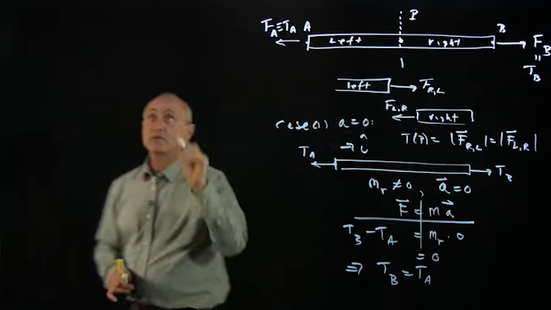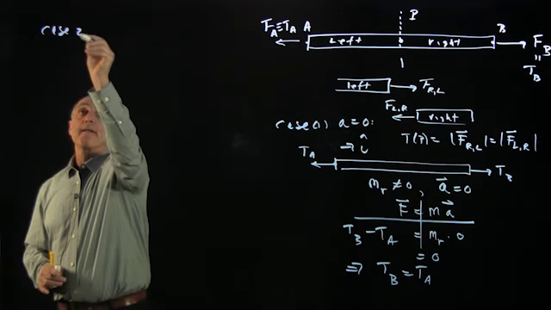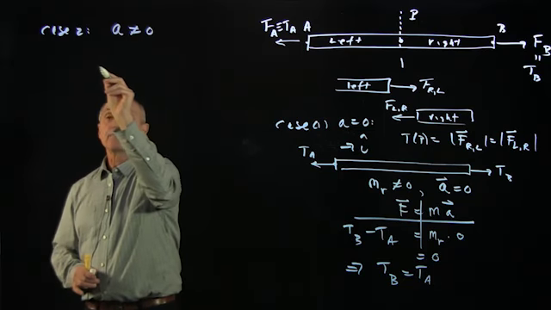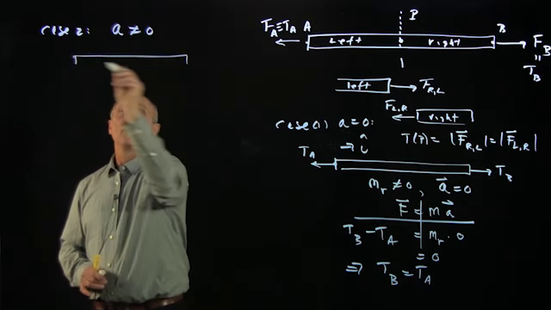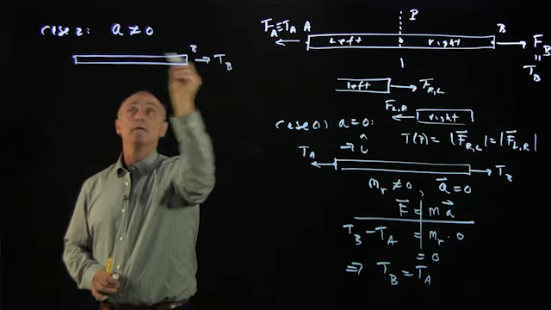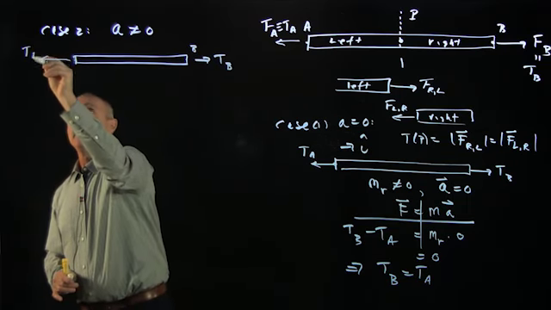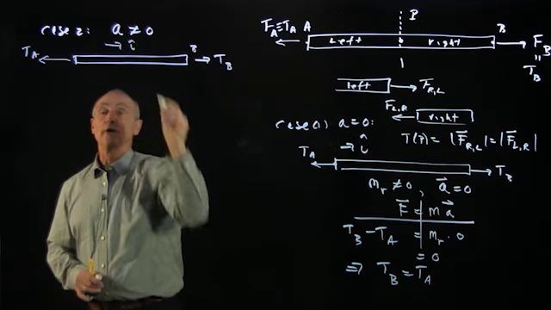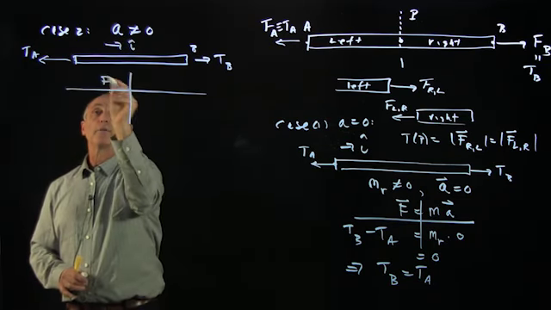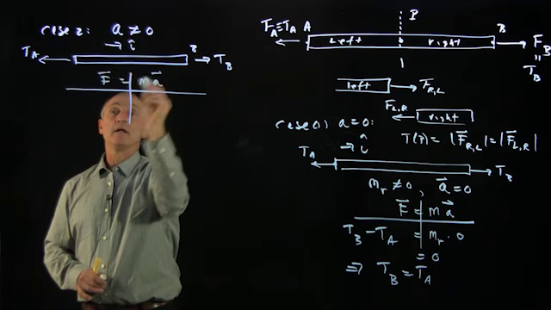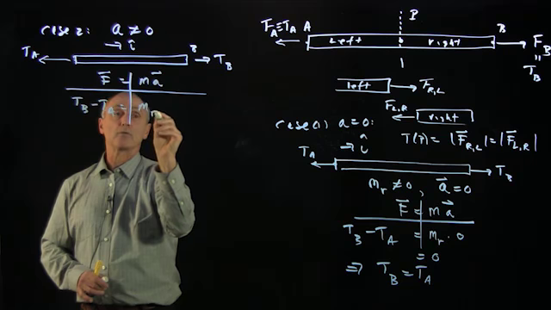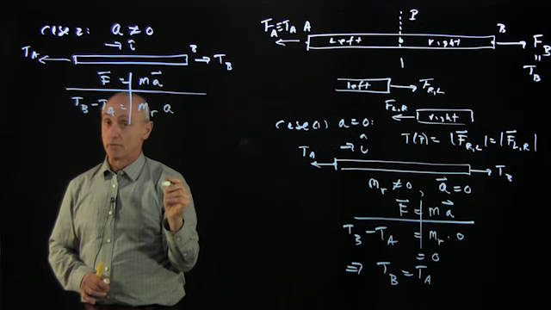Now let's suppose, case 2, that a is not 0. And so now we have the rope. This is point B. Here's point A. We'll choose a uniform direction, a. And now we can see, when we apply F equals ma, that T_B minus T_A equals the mass of the rope times the acceleration of the rope.